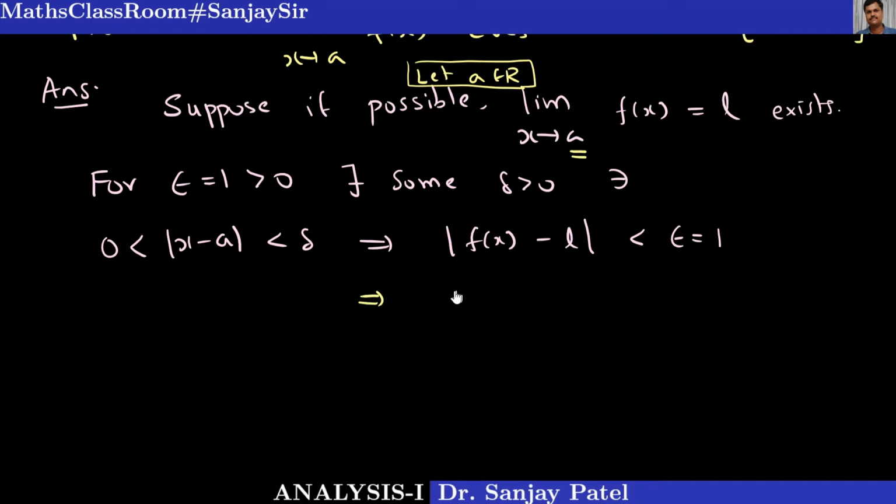This implies L minus 1 less than f x is less than L plus 1, and this I can write as x belongs to the interval a minus delta comma a plus delta minus the singleton a, because this is the deleted neighborhood of the point a.